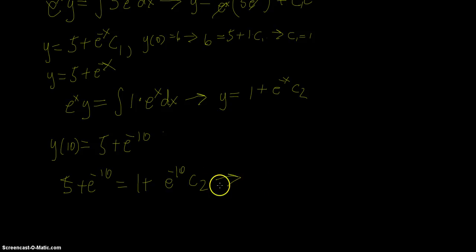And that will give us, solving for c2, 5 minus 1 is 4, plus e to the negative 10 divided by e to the negative 10, or rather, 4.